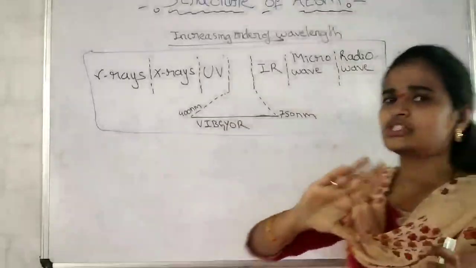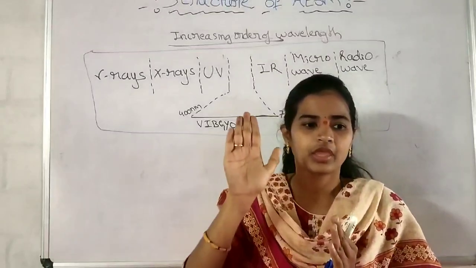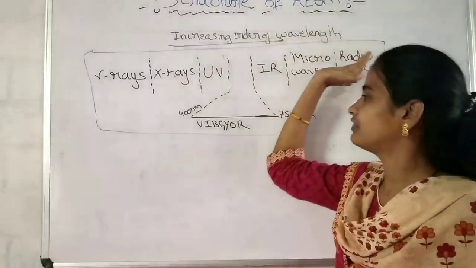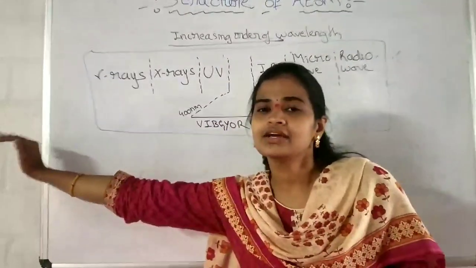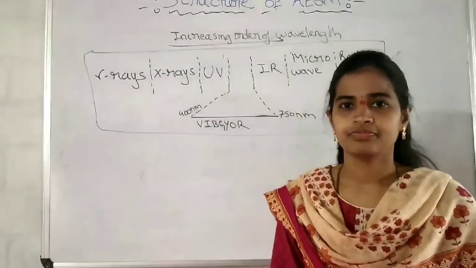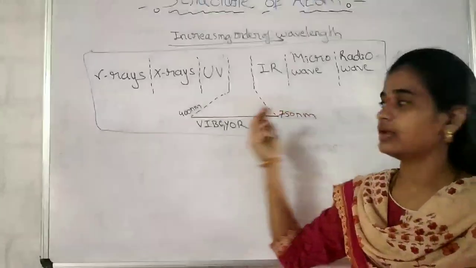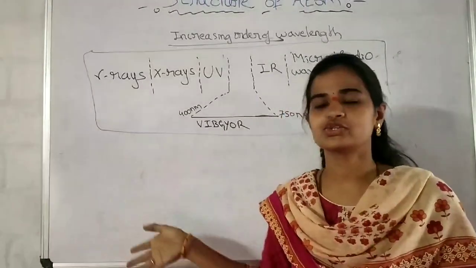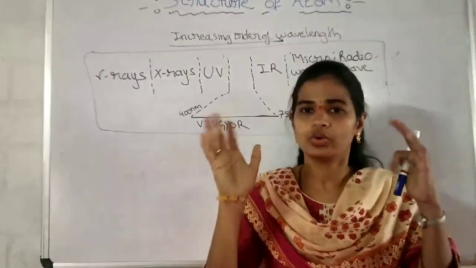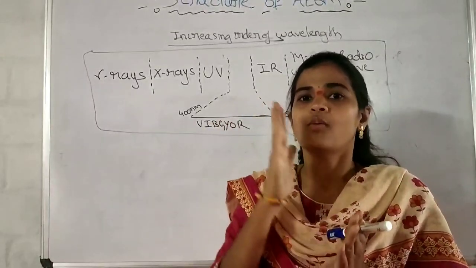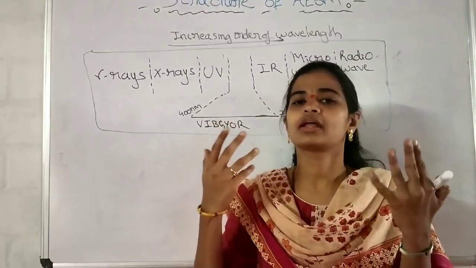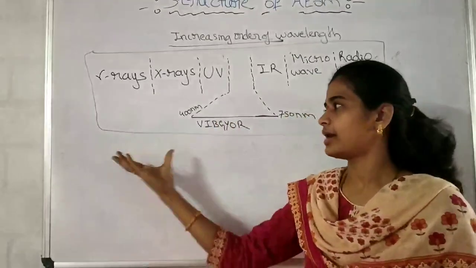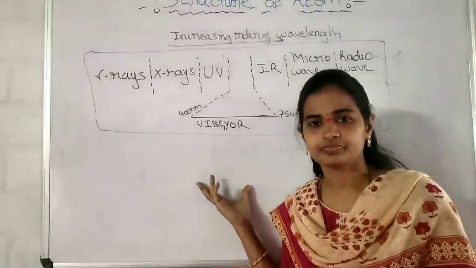All those wave radiations are arranged in a certain manner, in the increasing order of their wavelength or in the decreasing order of their frequency, and that is called the electromagnetic spectrum. Okay students, now you have an idea what electromagnetic radiation is, what its properties are, and what is meant by electromagnetic spectrum.